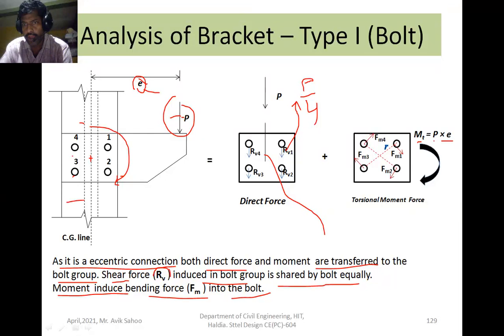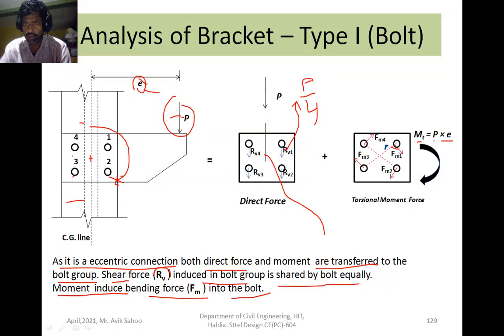So this angle is 90 degrees. Similarly Fm2 in bolt 2 is perpendicular to the radial axis. Similarly Fm3 developed in bolt 3, again perpendicular to the radial axis, and Fm4 is also perpendicular to the radial axis.